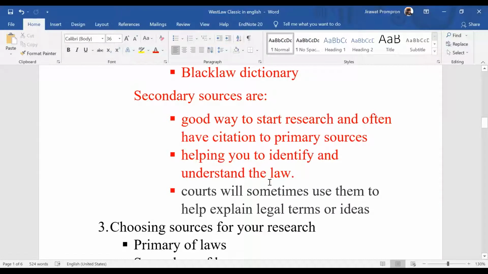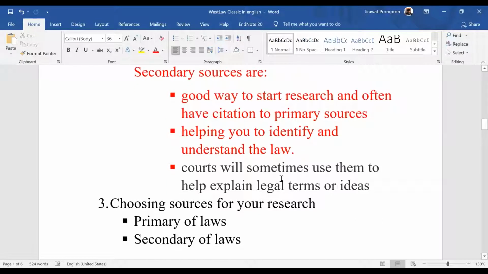So the court will sometimes use secondary sources to help explain legal terms or ideas. So don't miss the dictionary, don't miss the encyclopedia. This is a good start to searching secondary sources. So I will give you a brief first.